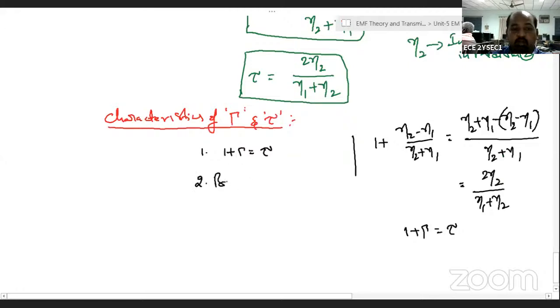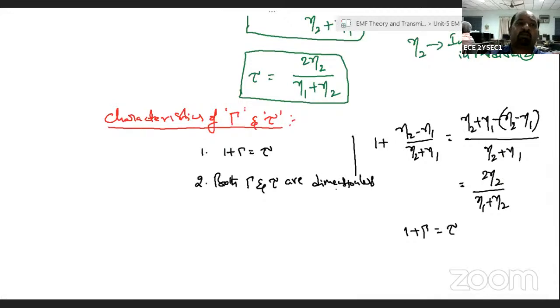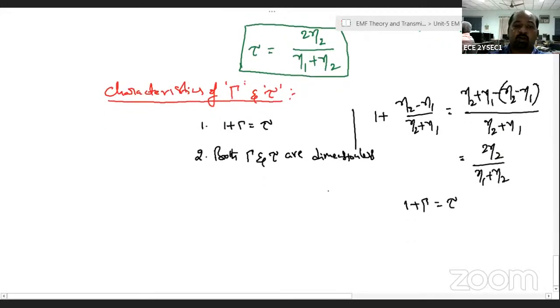And both reflection coefficient and transmission coefficient are dimensionless, right? Both are dimensionless because they are the ratios, right? Electric field to the electric field, right? So they are the ratio. So therefore, both are dimensionless.